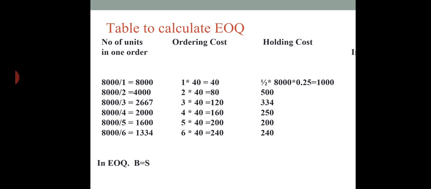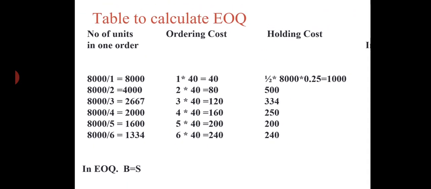Suppose the whole 8000 units are ordered at a time, in a single order. Then the total inventory cost is 1040 rupees.